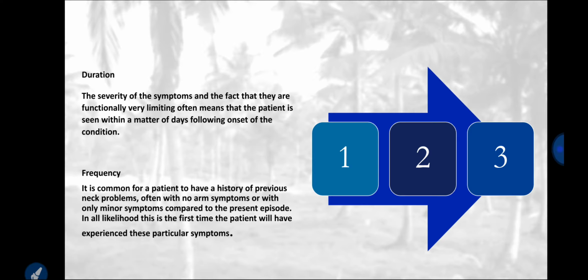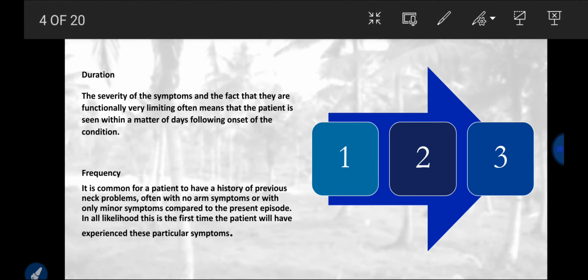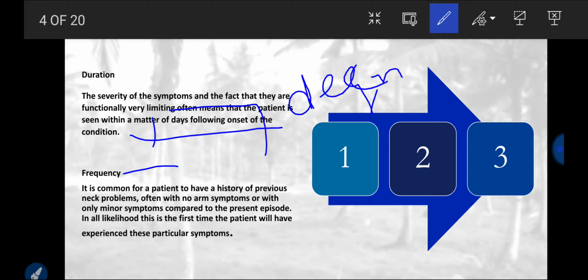What is the duration? The severity of symptoms and the fact that they are functionally very limiting often means that the patient is seen within a matter of days following onset of the condition. The patient may have had some degenerative changes in the past, and suddenly feels pain, and due to that the patient has a condition of neural entrapment.